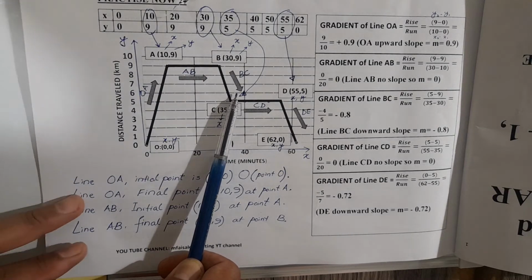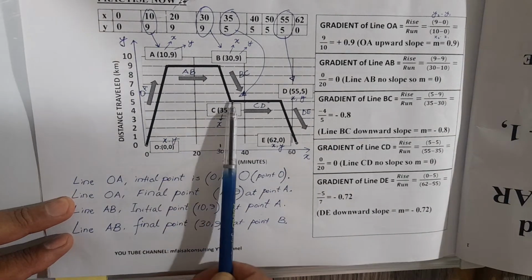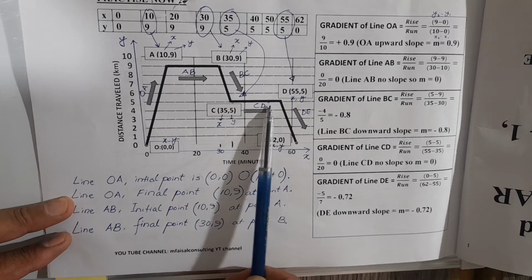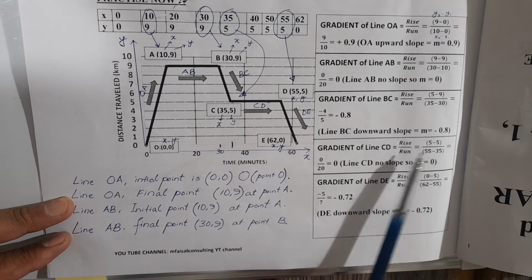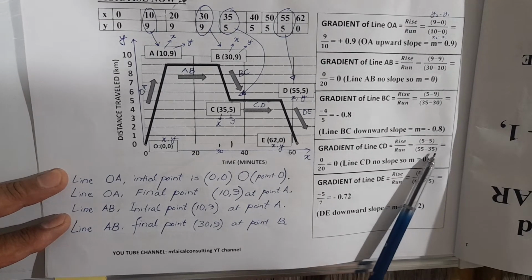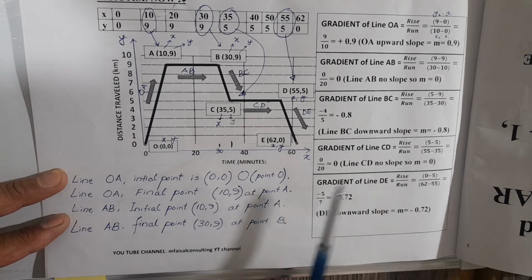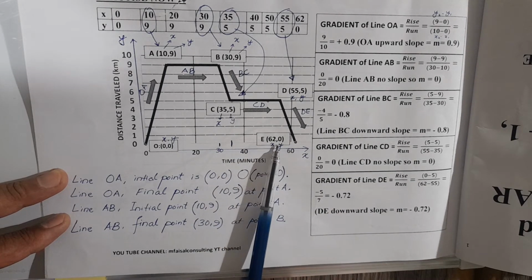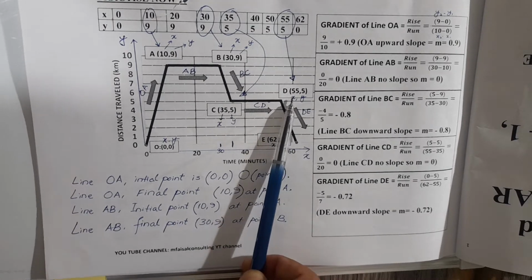Now coming to the line CD, the straight line. Rise divided by run, 5 minus 5 divided by 55 minus 35. So 5 minus 5 is 0. Now the gradient of line DE. E has coordinates 62 and 0, and D is 55 and 5.